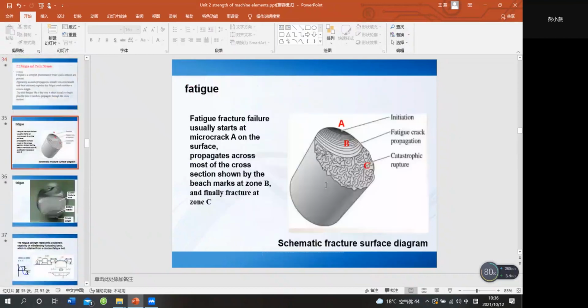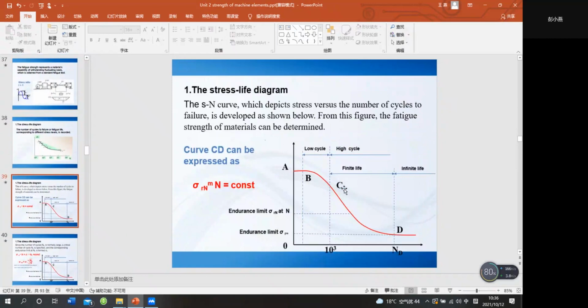But for the SN curve, from this curve, we can obtain the endurance limit sigma Rn, within the range of CD. So it's a finite life, and it's the endurance limit with a finite life in this stage CD.